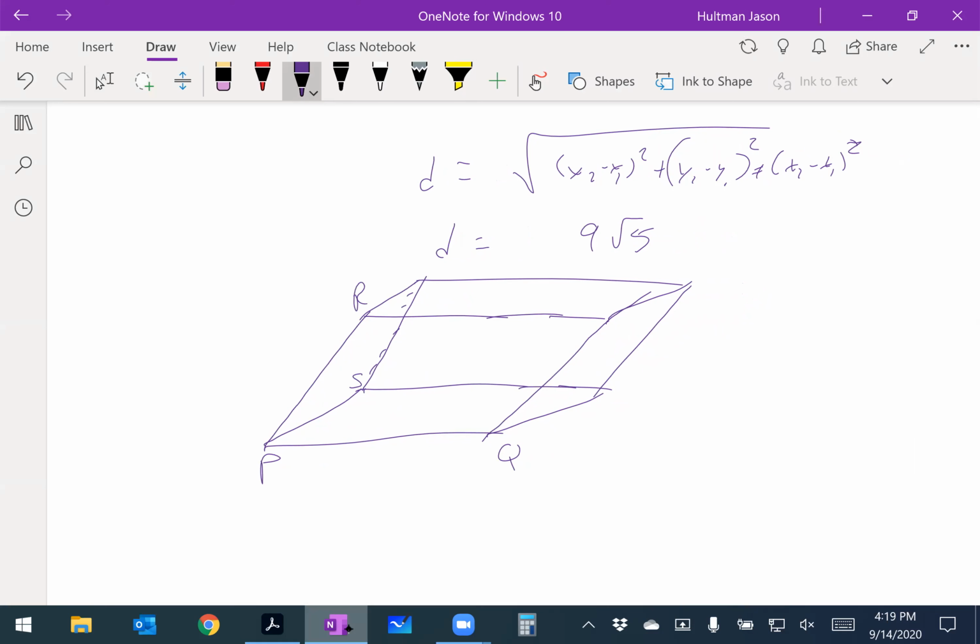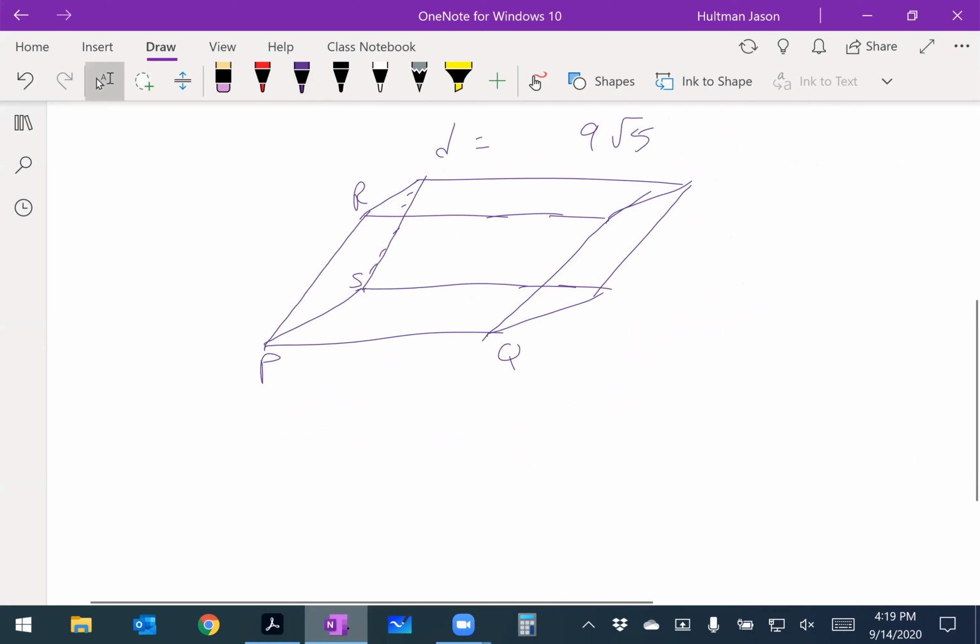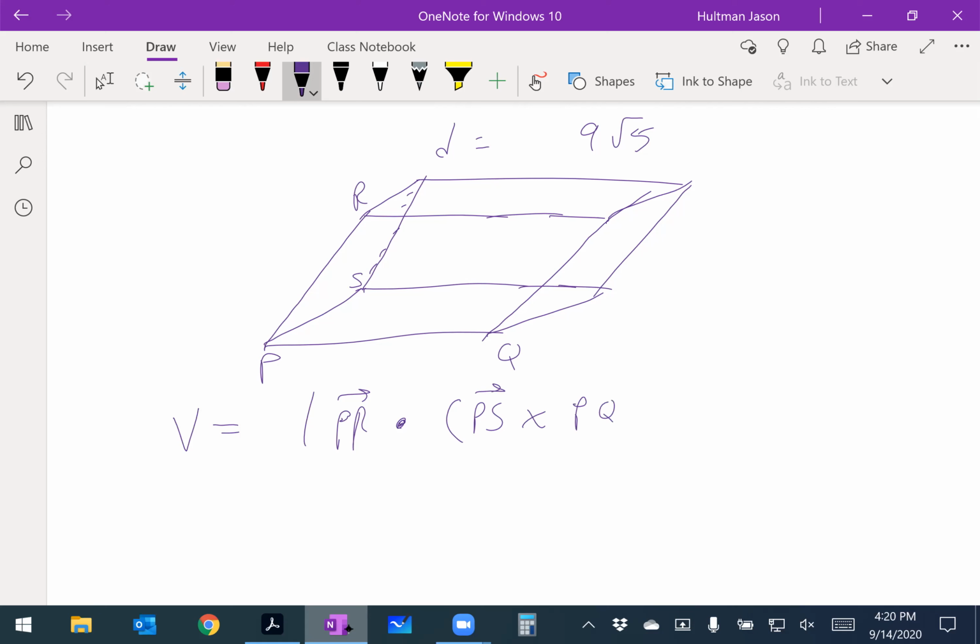So the volume, according to the formula, is equal to PR dotted with PS crossed with PQ. Actually, I'll do that backwards.